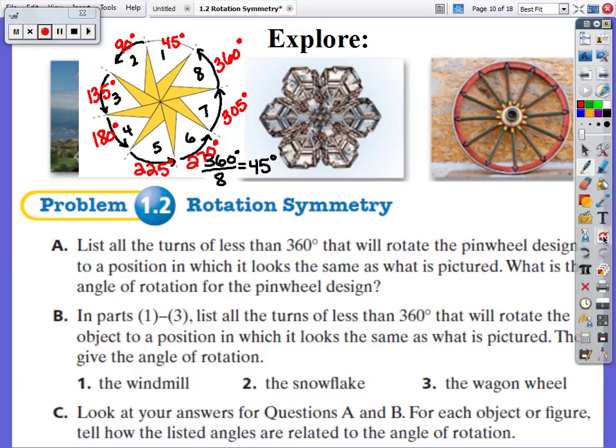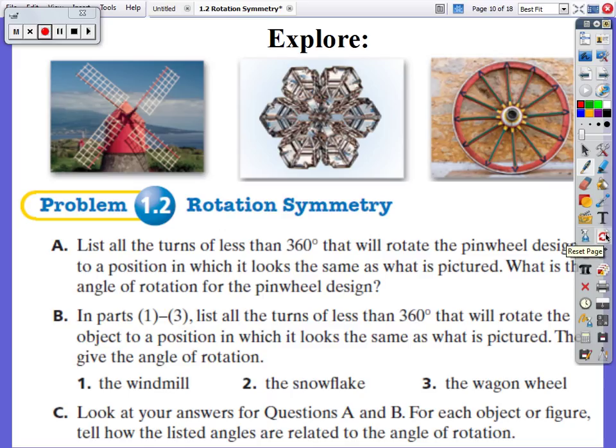I'm going to take this off. And that's basically what you're doing for the windmill, the snowflake, and the wagon wheel. So if we look at the windmill, okay, we said that the number of rotations that you could make would be 1, 2, 3, 4. So there are 4 rotations, so 360 divided by 4 is going to give us 90 degrees.